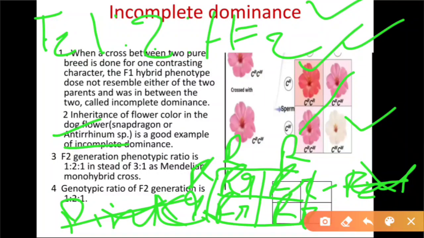In the F2 generation a 1:2:1 ratio appears, but in the F1 generation all plants are pink. According to Mendel's law of dominance, the F1 generation should be either red or white, but they are all pink. So this is incomplete dominance.